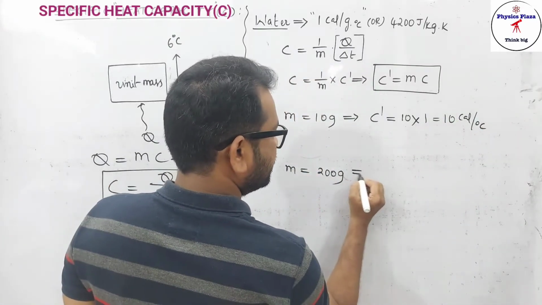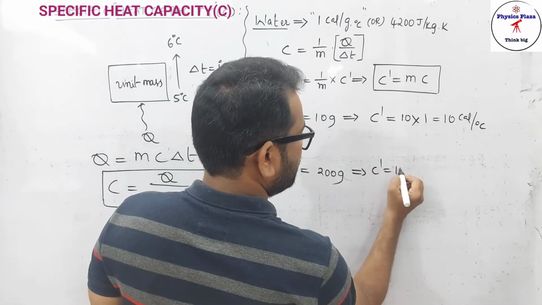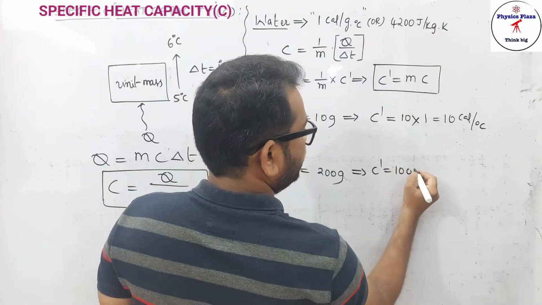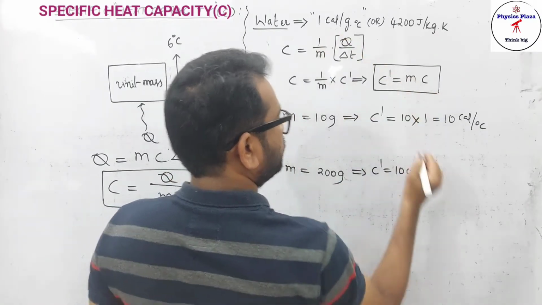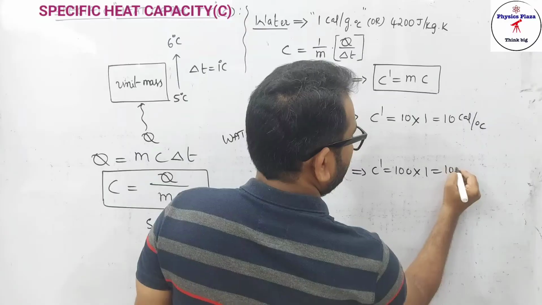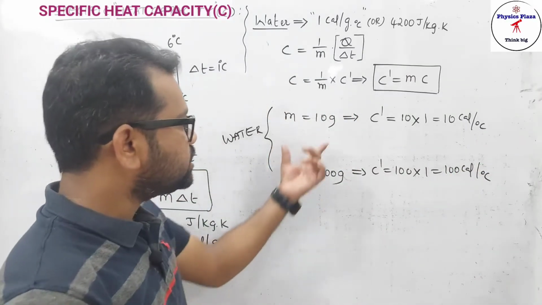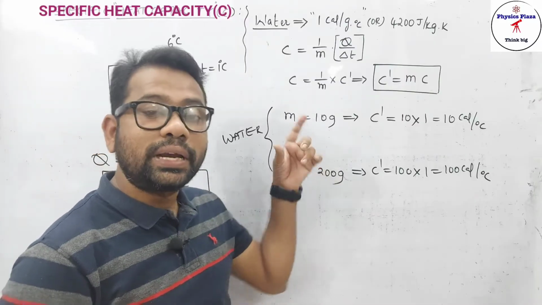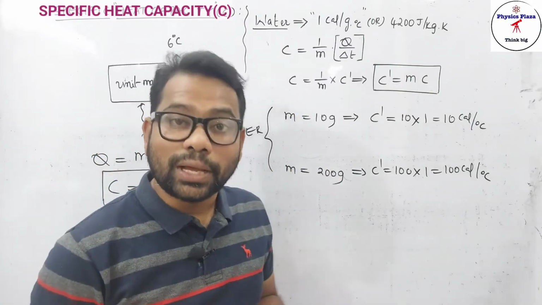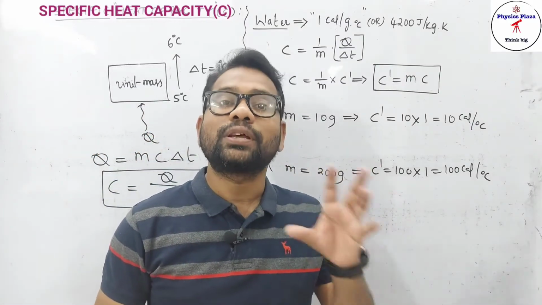Whereas for the other, C dash is equal to mass, 100 into the specific capacity of water, which is 1, equal to 100 calorie per degree Celsius. Children, here it is water, but they are different masses. That's what I am telling you, that thermal capacity depends on mass.